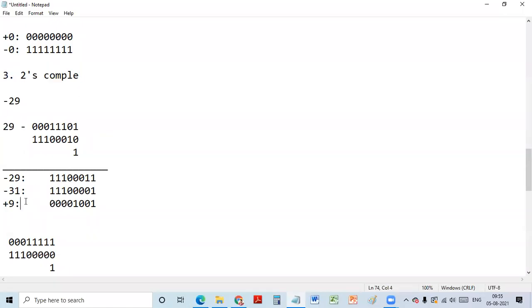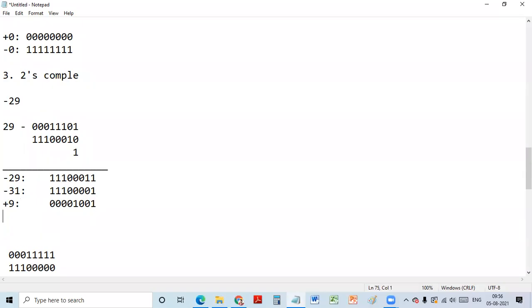In any method, if the number is positive, you can go by direct representation, powers of 2. But if the number is negative, then only we have to choose from sign magnitude, 1's complement or 2's complement form. For negative numbers, we are talking mainly about these three.